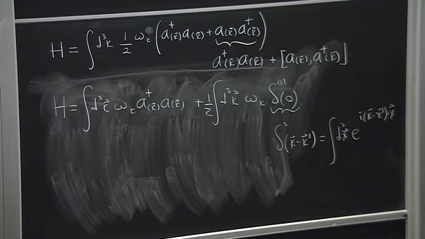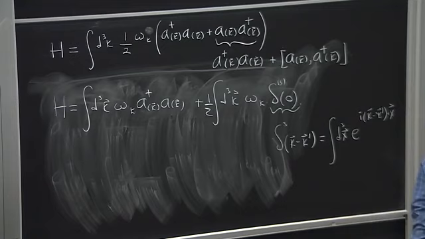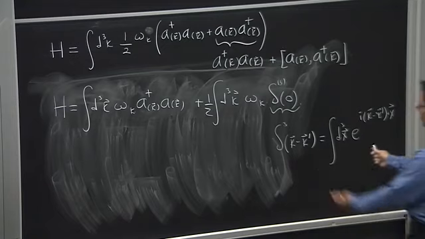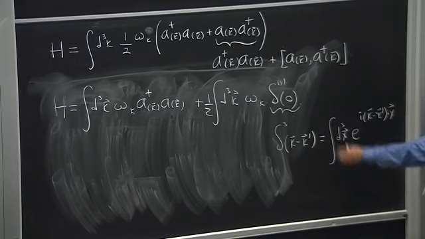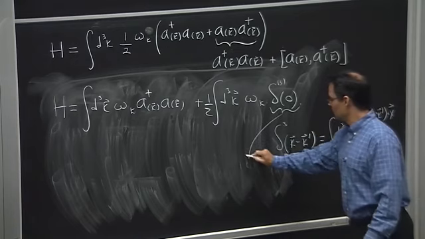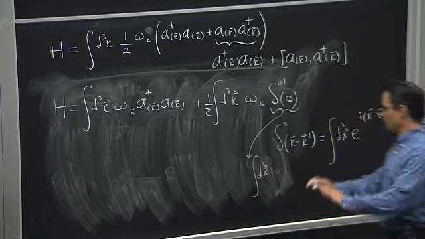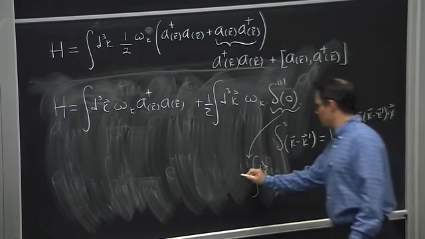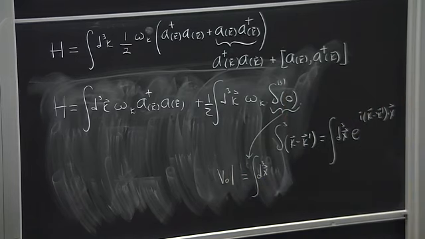So what we're finding here is that this delta function, evaluating this at 0, is an integral over all space, which is nothing but the volume of our space, okay? Sure, it's infinite, but it's just a volume.